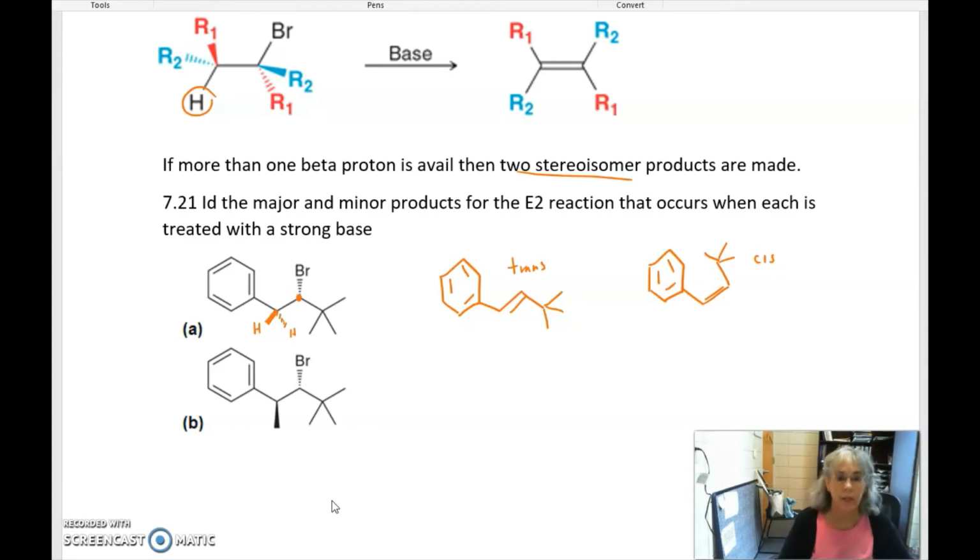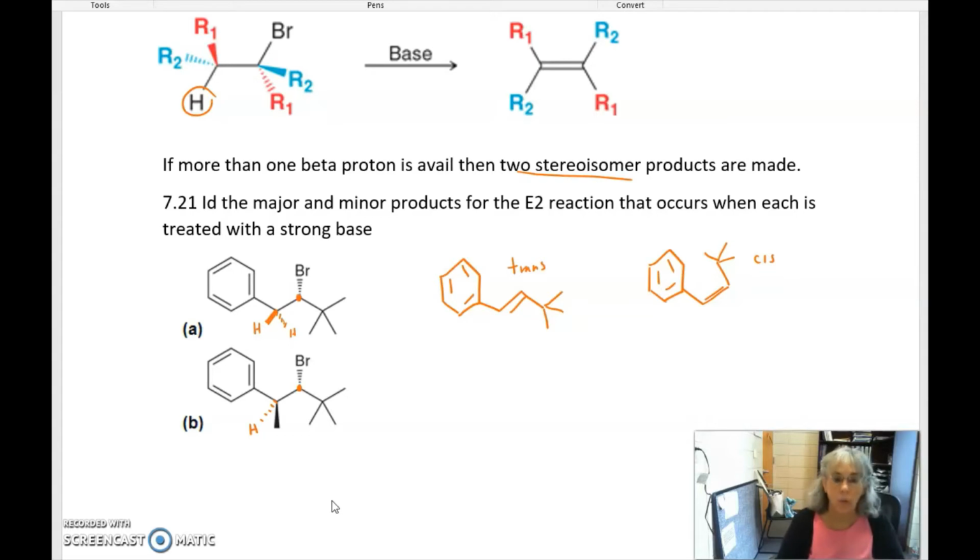Depending on the orientation when the reaction occurs. So in this compound, here's our alpha carbon. This beta carbon has no hydrogen, so we can't go that direction. And this one only has one hydrogen.